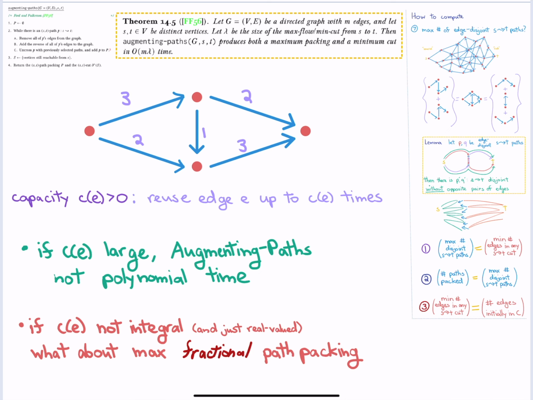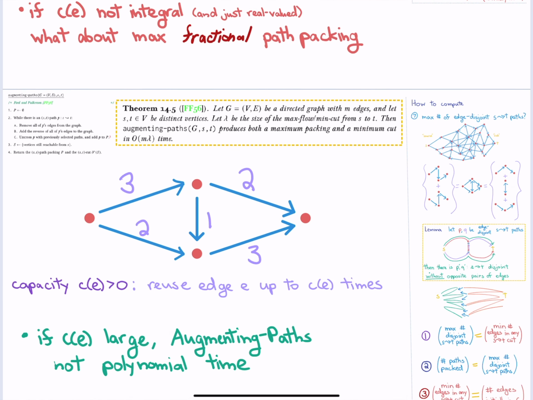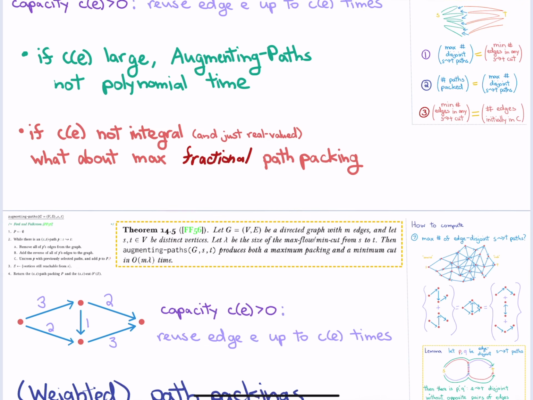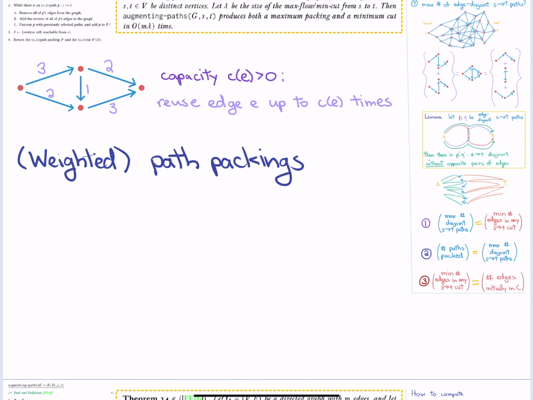Okay. All right. Let me first formalize the model a little bit. What does it mean to pack paths with capacities? Especially if the capacities are really big, the total number of paths you pack may be a very large number, right?